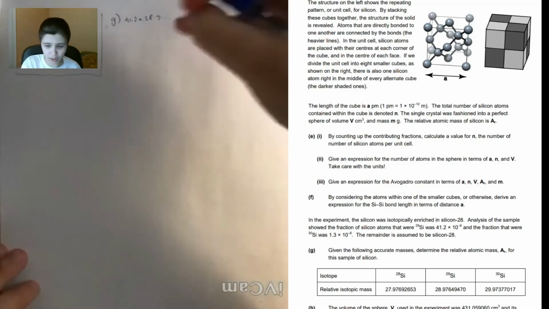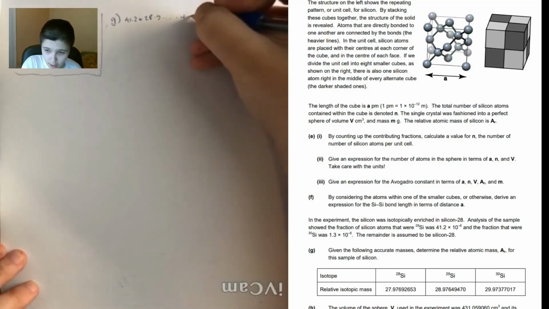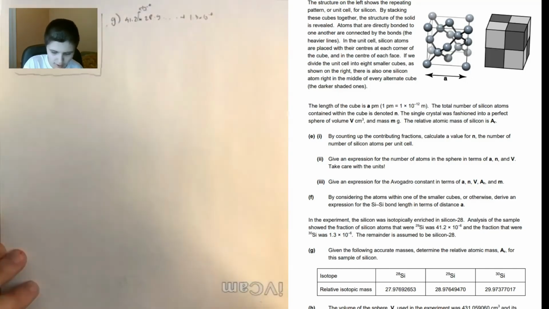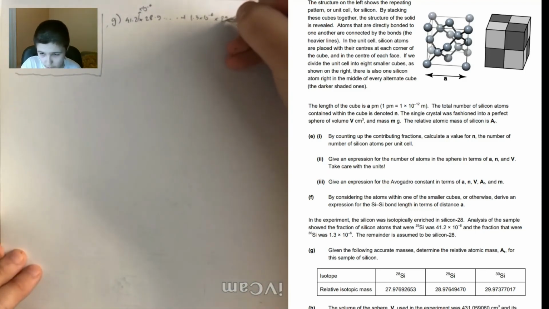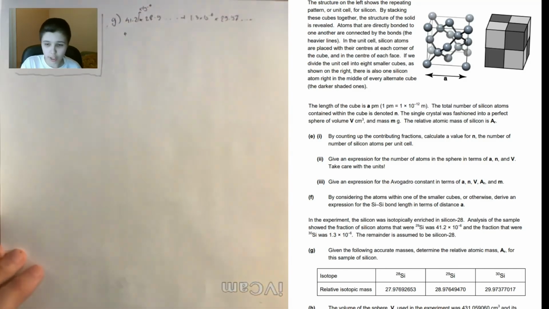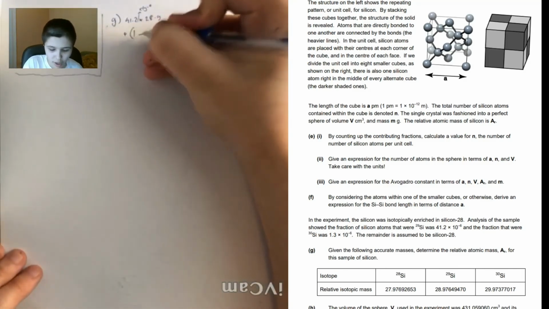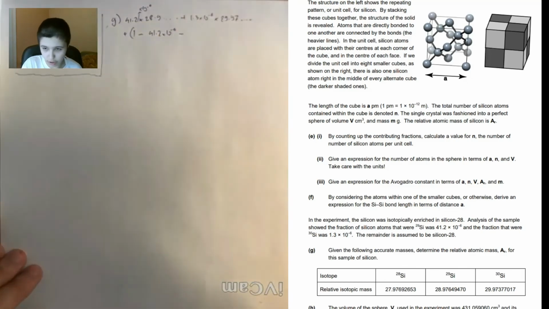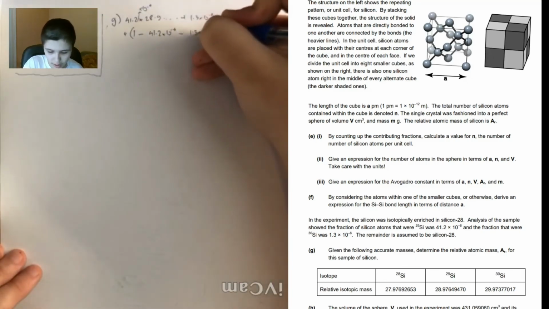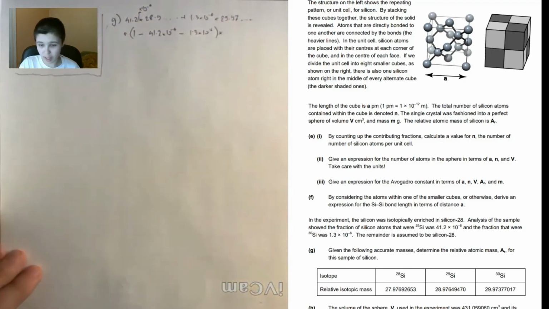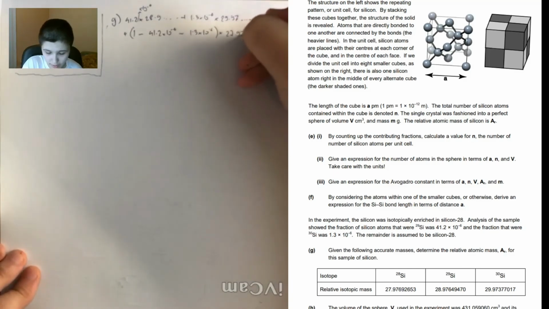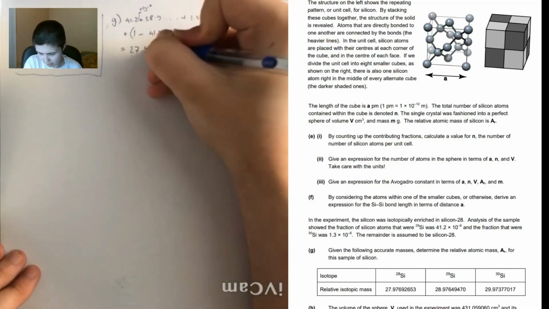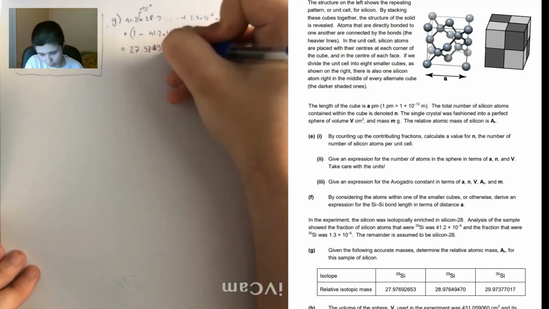I'm not going to write it all up because it's quite long, plus the fraction of silicon-30, so that's 1.3 times 10 to the minus 6 times the mass of silicon-30, so 29.97 blah blah blah, plus the fraction of silicon-28, which is going to be 1, minus the fraction of silicon-29, so 41.2 times 10 to the minus 6, minus the fraction of silicon-30, so minus 1.3 times 10 to the minus 6, all times the mass of silicon-28, and that's 27.976, etc. And this in total should give me something like 27.9769703.1.